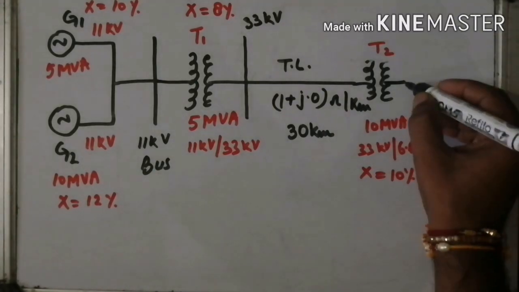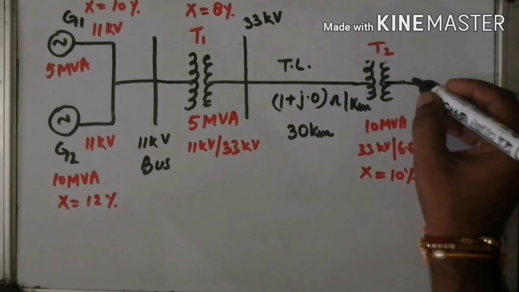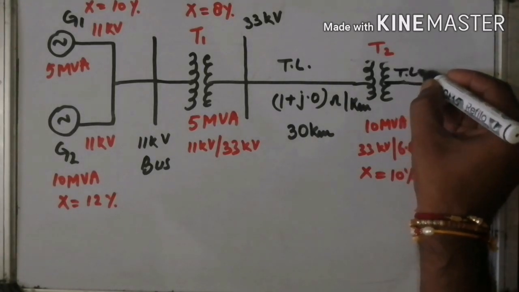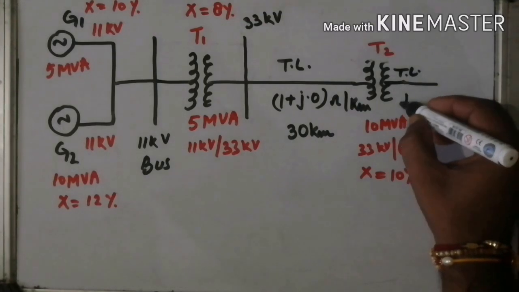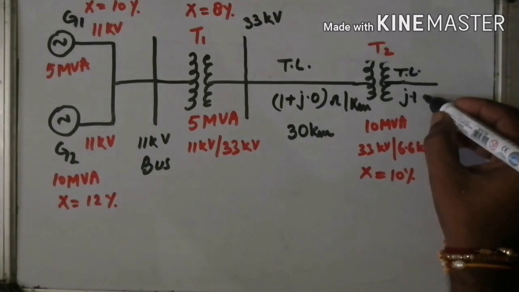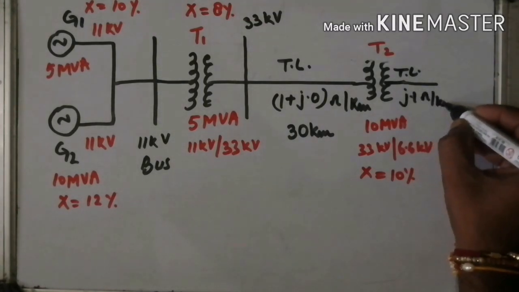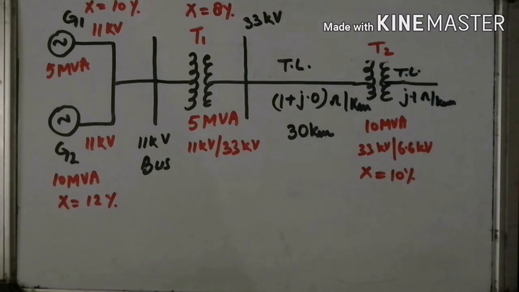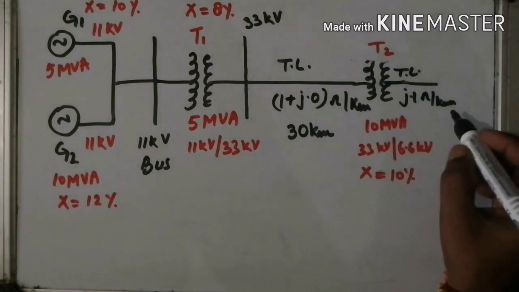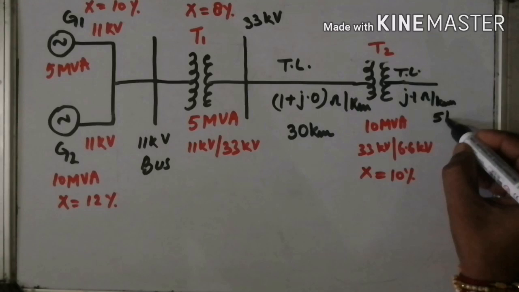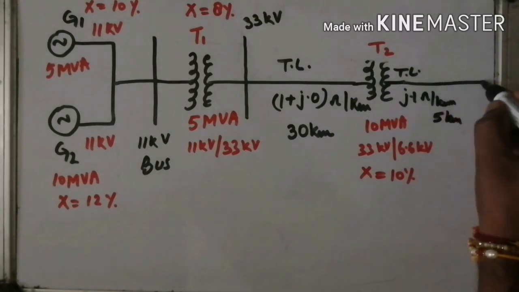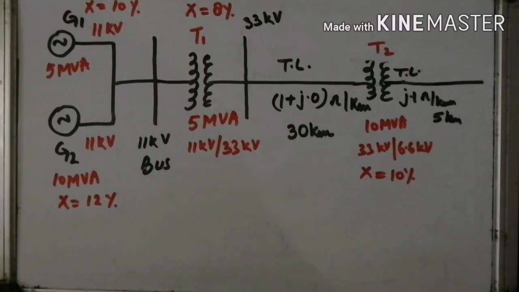Then after that, another transmission line, it is J1 ohm per kilometer. The length of this transmission line is 5 kilometer. Right?